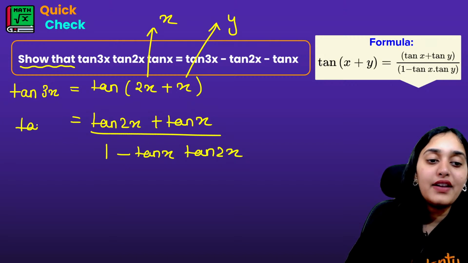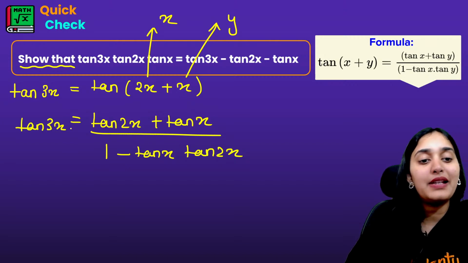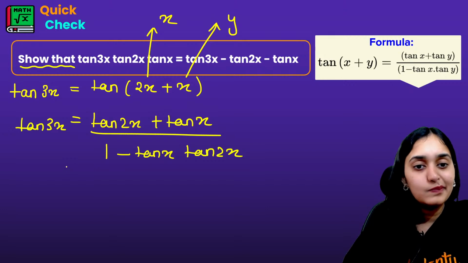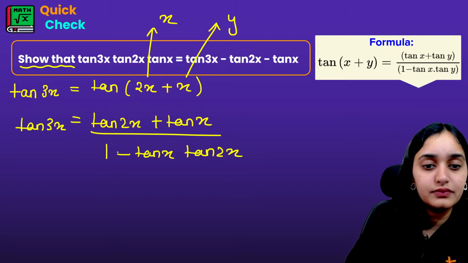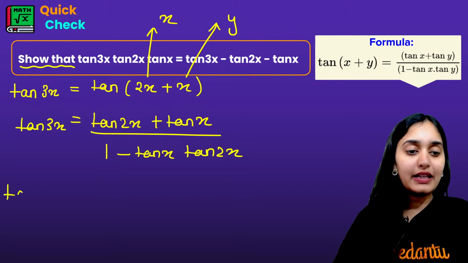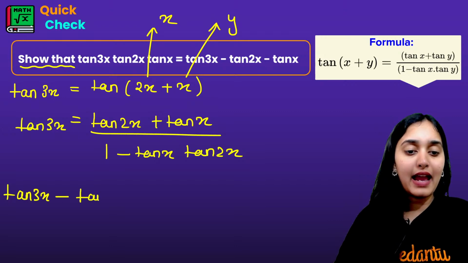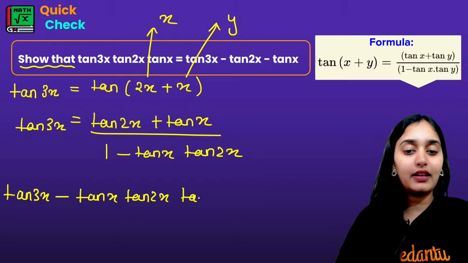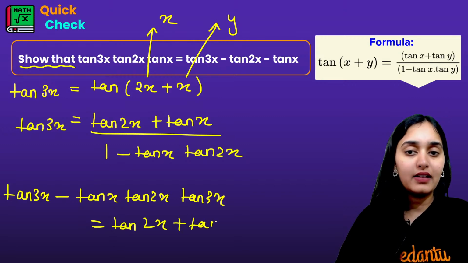Now simply we will do cross multiplication. We get tan 3x minus tan x tan 2x tan 3x is equal to tan 2x plus tan x.